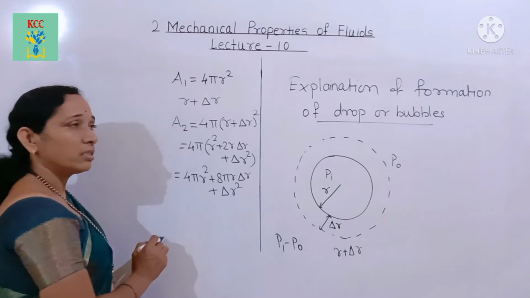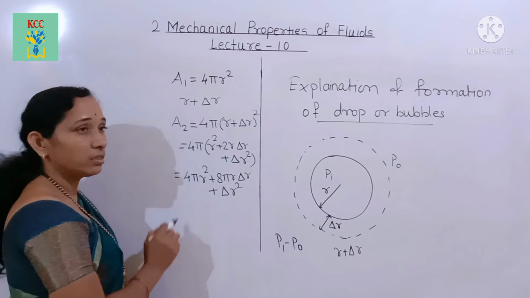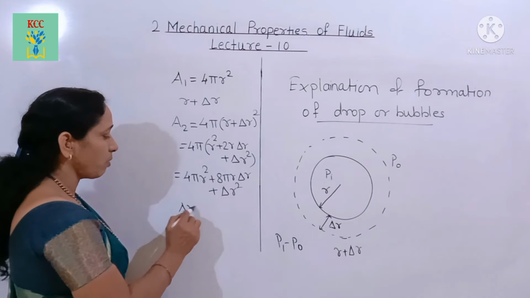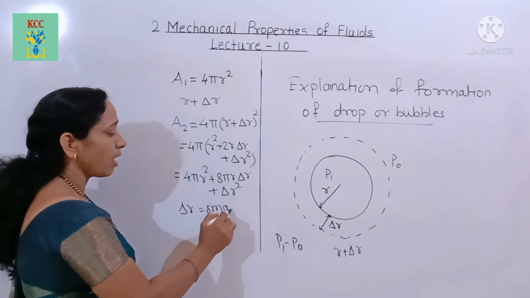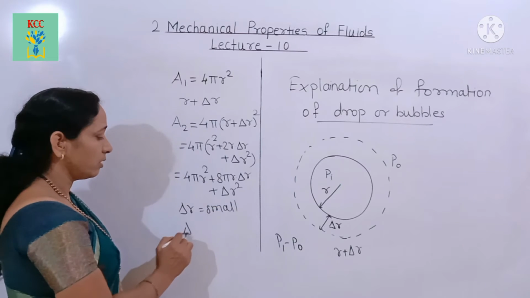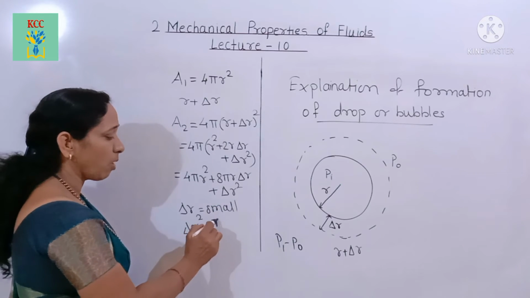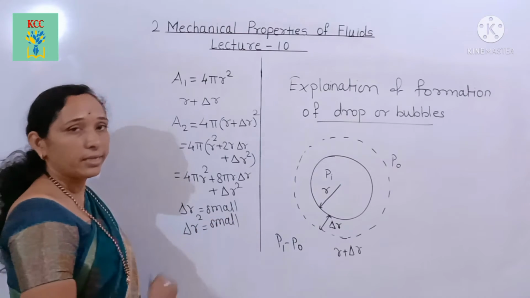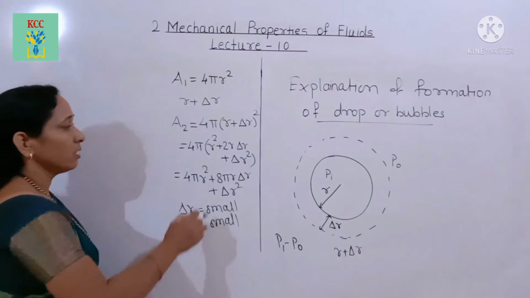As delta R is very small, therefore delta R square is also small and it can be neglected.